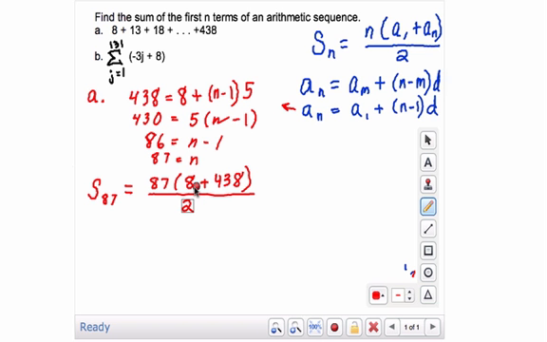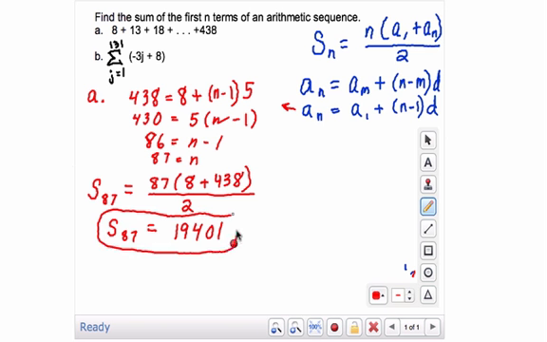You add 438 and 8, multiply by 87, and divide by 2. When you do that, you get 19,401. And that is the sum of the first 87 terms in this arithmetic sequence.